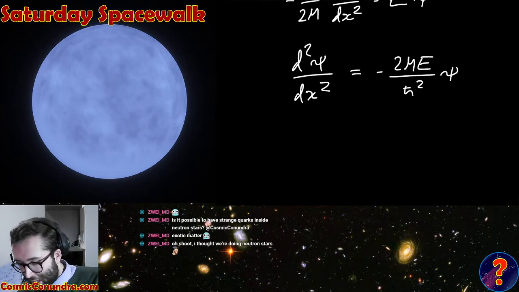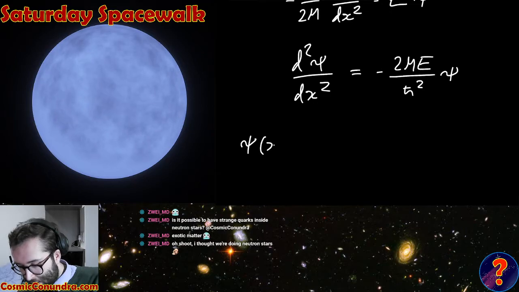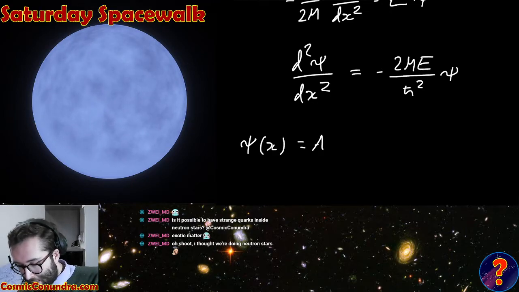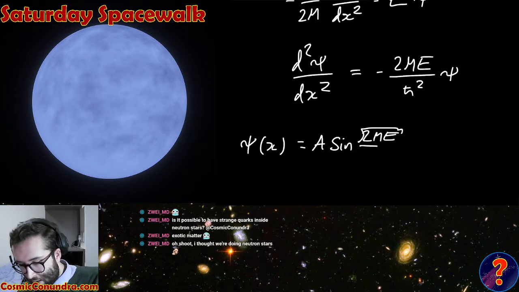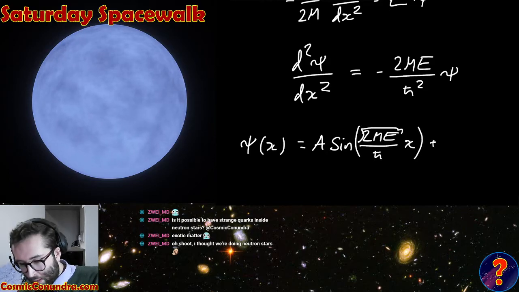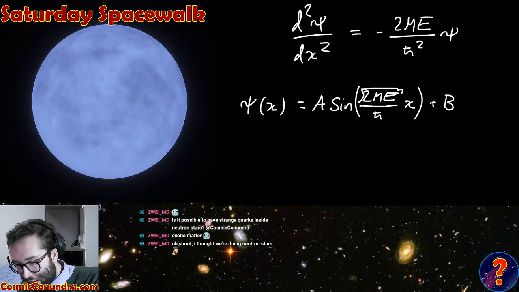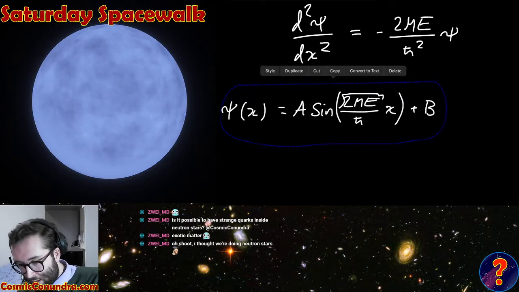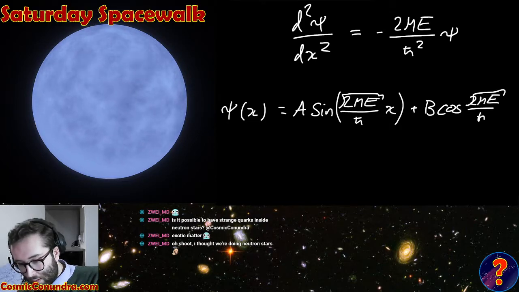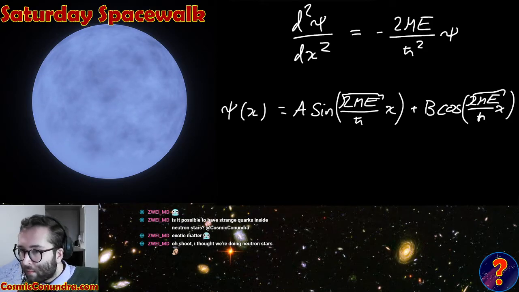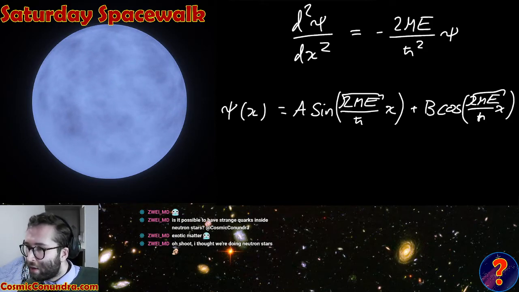This has some general solution for psi, that is some constant A times sine of root 2me over h bar, all times x, plus some other constant B times cosine of the same thing inside the bracket. It's a standard solution to this ODE.